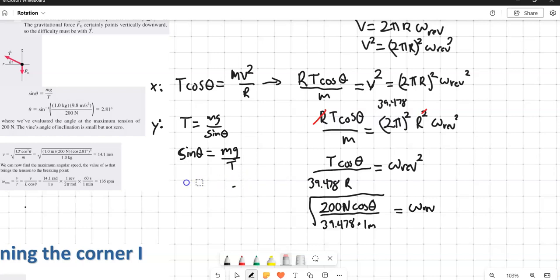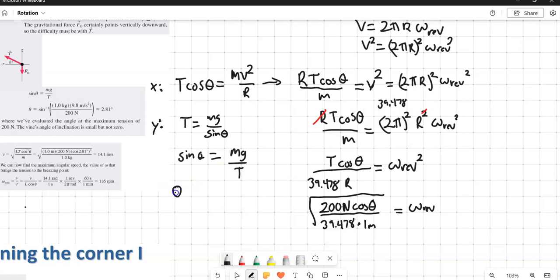With the y direction equation right here, we have t equals mg sine of theta. We know what t is, we know what m is, and we know what g is. So if we multiply both sides by theta and divide both sides by t, we could actually figure out what theta is.